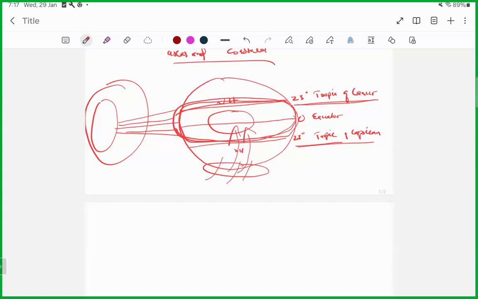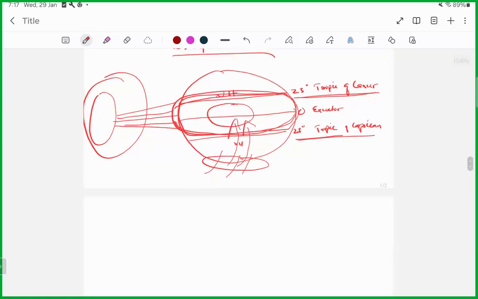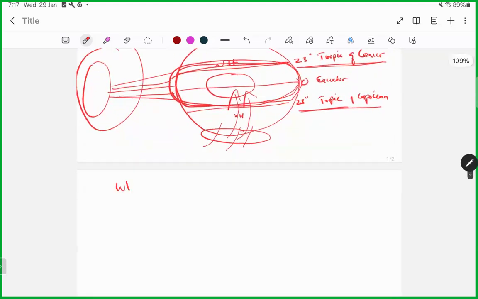So what causes low pressure and high pressure?